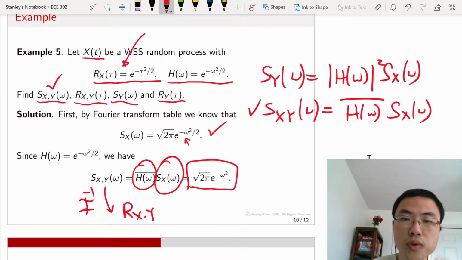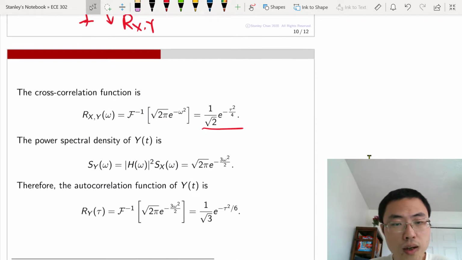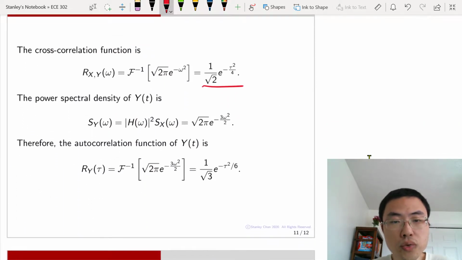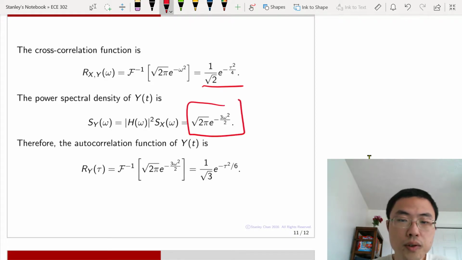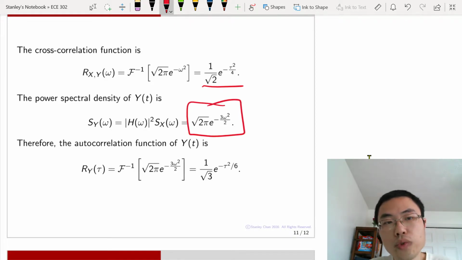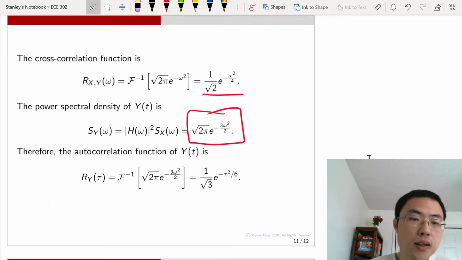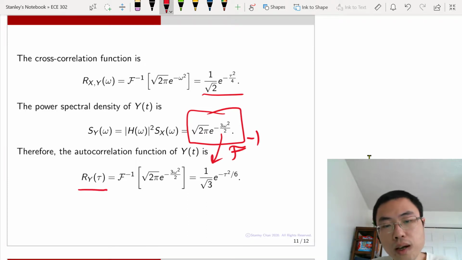So we have used this one, and now we want to look at this equation. So we plug in your h of omega squared, and then we multiply with Sx, we obtain this result. This is the power spectral density of y. And then you take the inverse Fourier transform, that will give you the autocorrelation function of y. In this case, it's given by this expression.